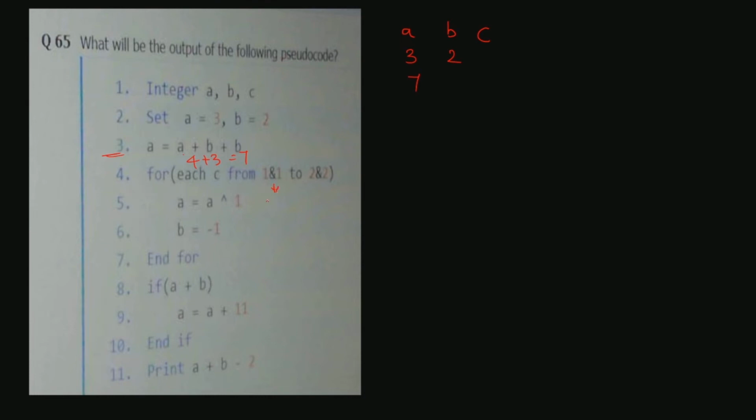So this is bitwise AND. For those who don't know the AND table, I'll write it for you. 0 0 1 1, 0 1 0 1, and here in the AND table, whenever there are two ones, only then the output will be 1, otherwise in every other case the answer will be 0.